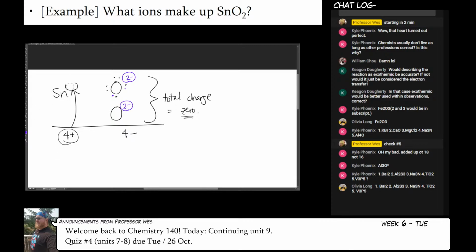So our tin ends up being +4. And you can check that by summing these two together. +4 and -4 make 0. And so for our formula SnO2, this was +4, and each of these was O2-.